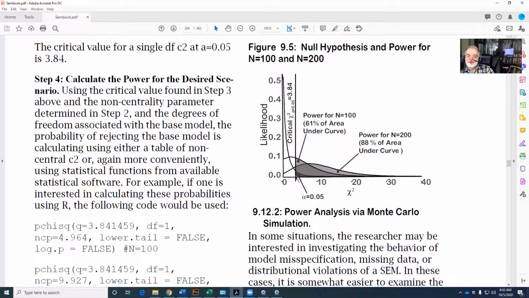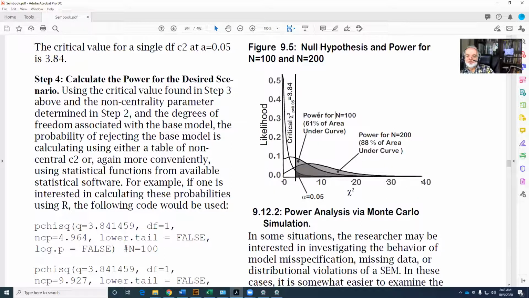This is the critical value. If I have 100 people, this gives me my chi-square value. Everything associated with the value that's larger than the 0.05 level for this chi-square is power.